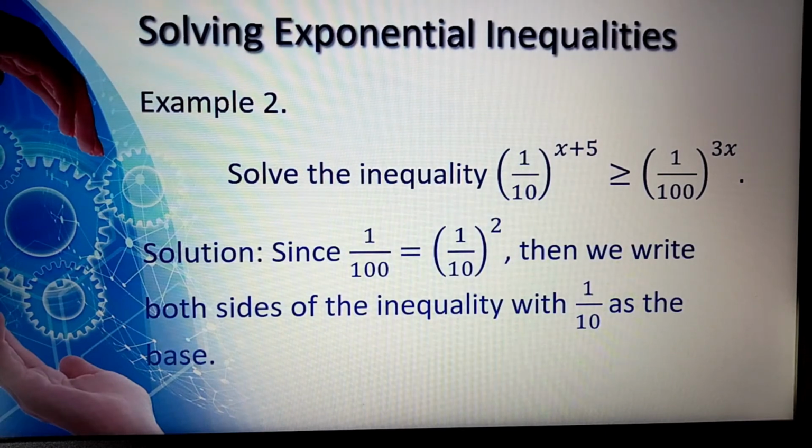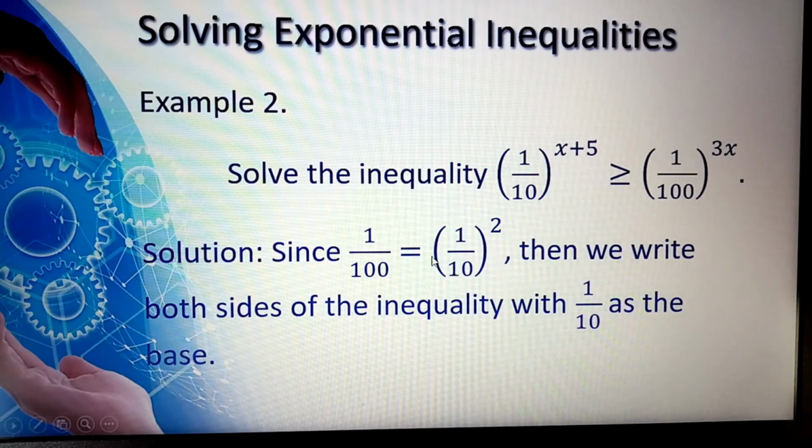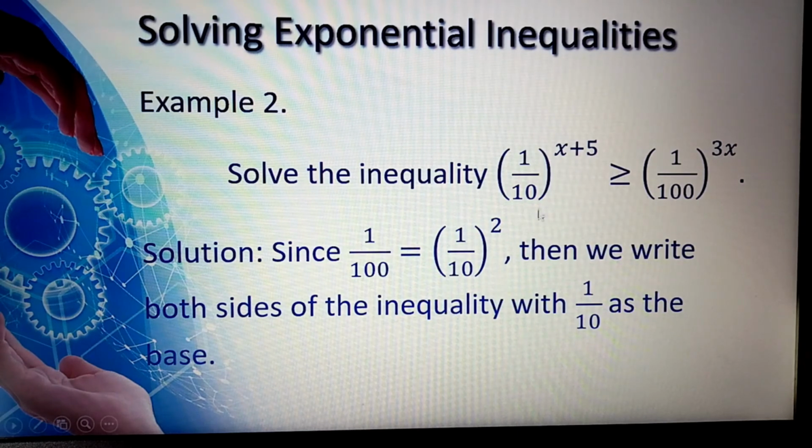Okay? By the solution, since 1 over 100 can be the same as 1 over 10 raised to 2, because 1 squared is also 1, and 10 squared is 100. So instead of 1 over 100, we will use 1 over 10 so that their bases are similar, or equal.